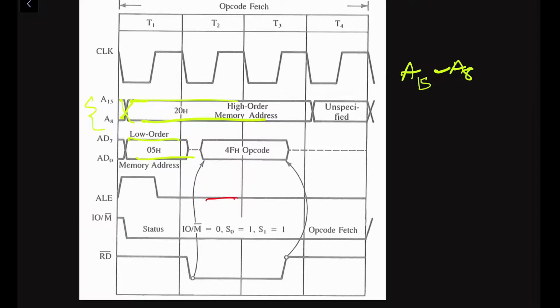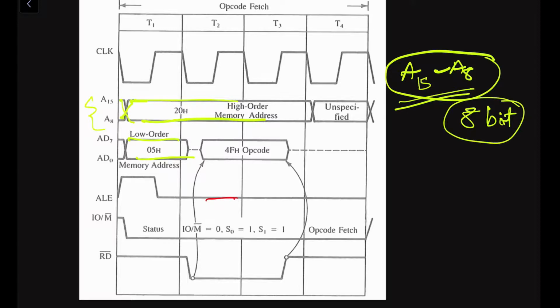Why a group of lines? Here we can see A15, A14, A13, A12, A11, A10, A9, A8. We have 8 bits of data. It is not only a single line, it is a group of lines. 8 bits are transmitted in parallel. Therefore, we have to represent it in some way as 8-bit data or 8-bit parallel lines.